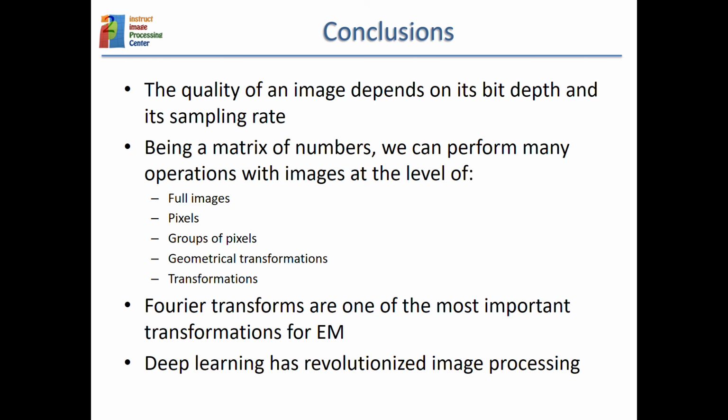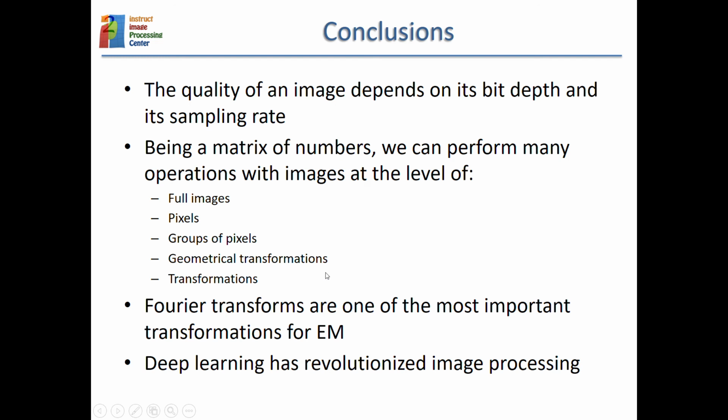So in conclusion, we have seen that the quality of an image depends on its bit depth and the sampling rate. So how finely you sample your image in space and in colors, and then you will have a matrix of numbers, and with those matrices of numbers you can do many different operations at the level of the full image, of pixels, groups of pixels, geometrical transformations, transformations in general, like the Fourier transform.